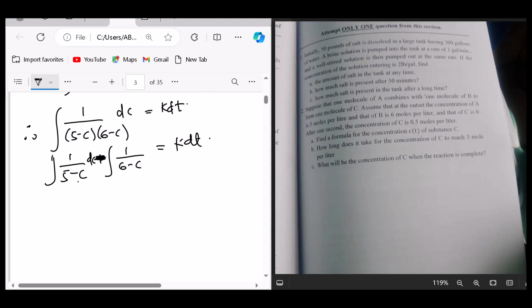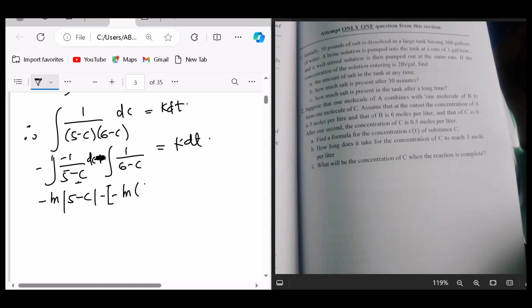Integrating this, if we differentiate it we get a negative, so we have to introduce a negative and cancel it. So I get negative ln(5 minus C), and same thing here, negative ln(6 minus C).